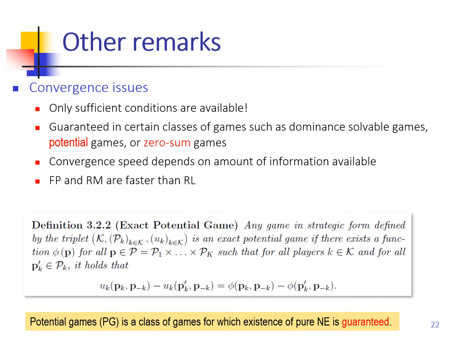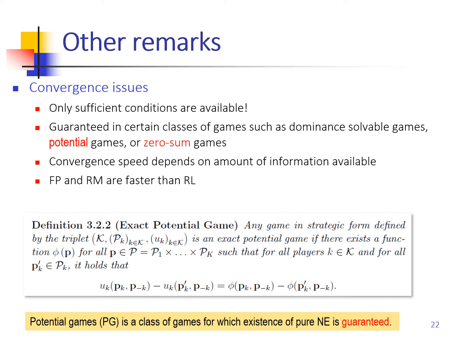Again, K is the set of players, PK here is the set of, say, power allocation if you want, and this is the utility of the player K. We said that this game is an exact potential game if there exists a function phi of p, for all p here, such that for all players K and for all actions P prime K, the following holds.